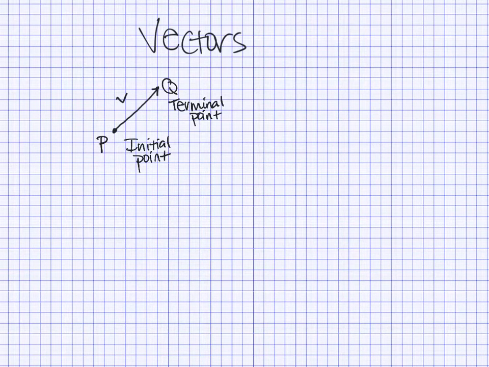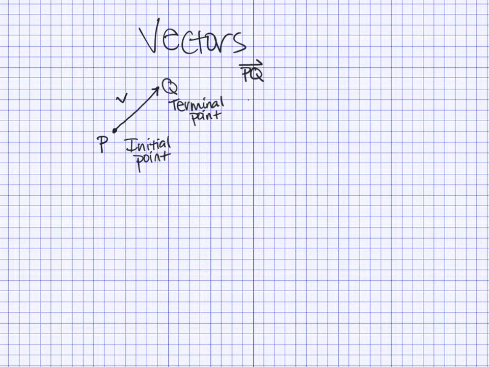There's only one direction. And one of the ways that we can notate this, there's a few different ways, is that we could do P, starting point, Q, terminal point, and then a half arrow on top of that. If you take a look at the Go Formative homeworks, there's no notation for that, so you'll just see me have a blank PQ, but that is what I'm going for.